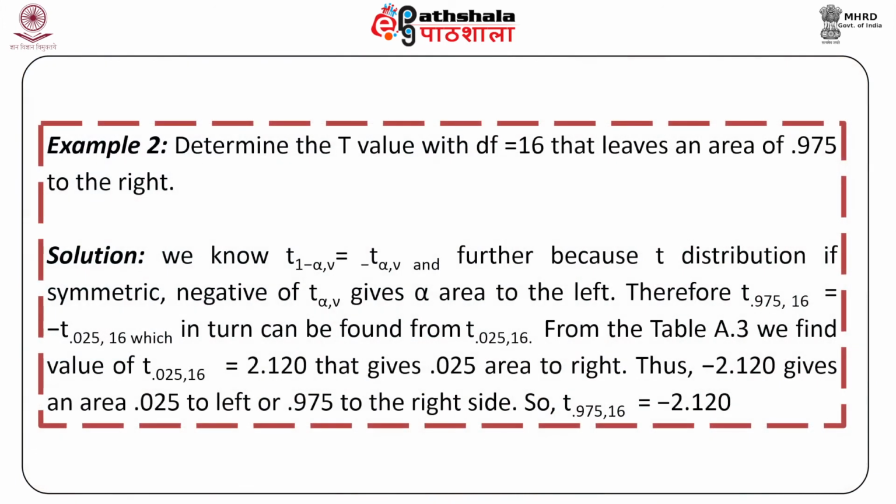Let's take another example, example 2, and determine the t value with degrees of freedom 16 that leaves an area of 0.975 to the right. So the area to the right is 0.975, and the degrees of freedom are 16. How do you find the solution? We know that t 1 minus alpha nu is equal to minus t alpha nu.